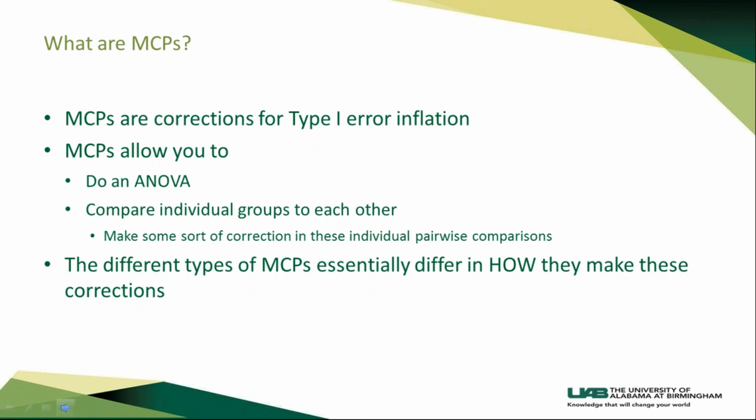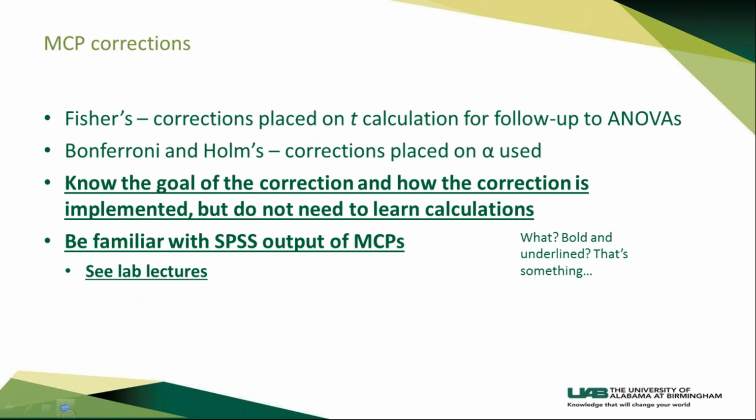So they essentially allow you to do an ANOVA and compare the individual groups that you need to. Depending on the MCP you use, you can make some very specific comparisons, or you can just compare all possible pairwise comparisons. So, of the different multiple comparison procedures, they all make some sort of correction. They just differ in how they make those corrections.